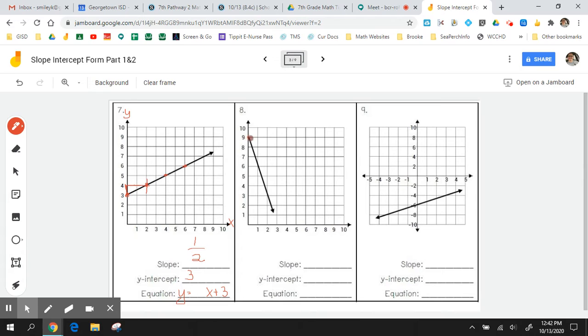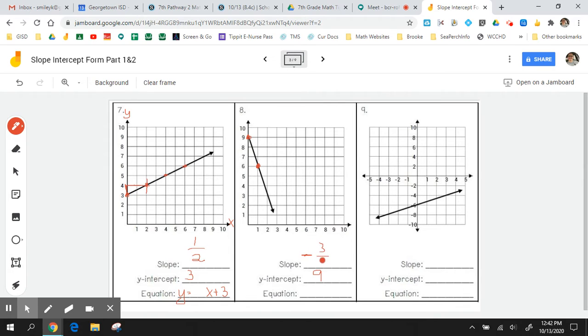If you're looking at number 8, all right, we got our y-intercept way high up on our graph at 9. And again, look for a good intersection point. So I'm going to go ahead and choose this one. You've got to notice it is a negative sloping graph. And I'm going to go down 1, 2, 3.